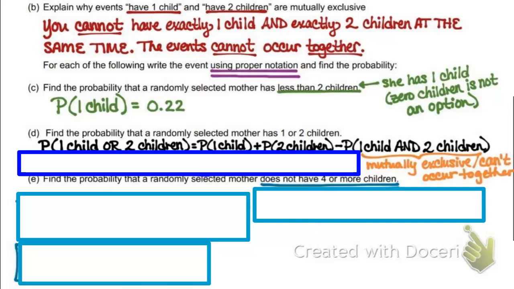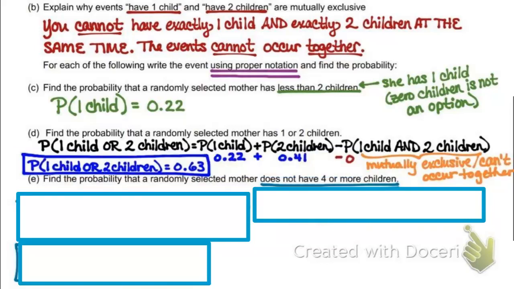I would take the probability of 1 child plus the probability of 2 children minus, oh, and I apparently can't spell child, and 2 children. Those are mutually exclusive events. They cannot occur together. So I'm going to take 0.22 plus 0.41 and get 0.63. I'm subtracting 0. Normally, we do have to subtract out the intersection because those people would have been counted twice.